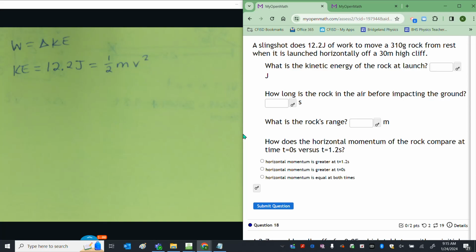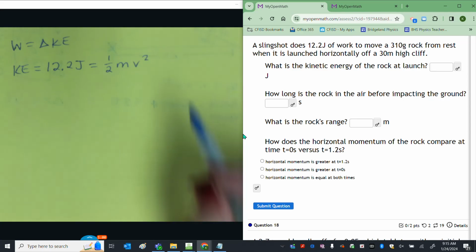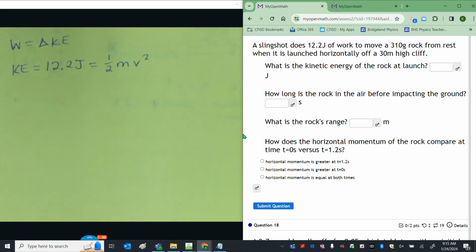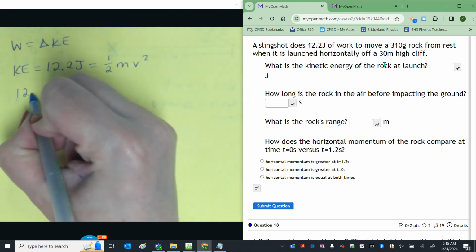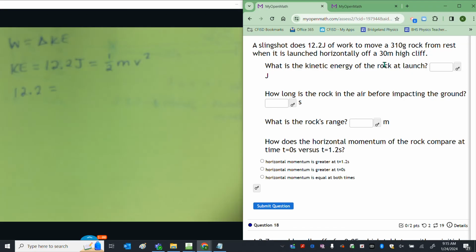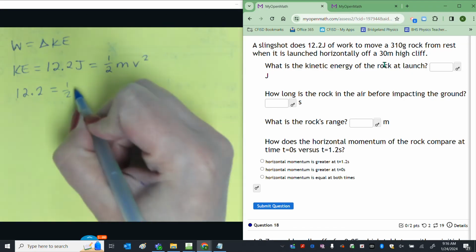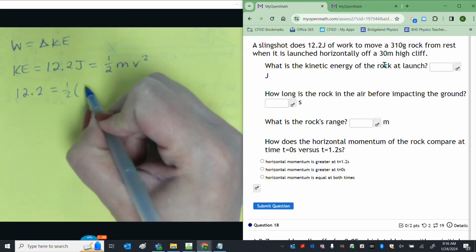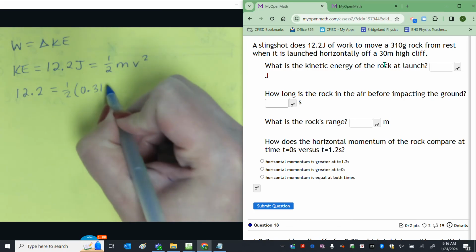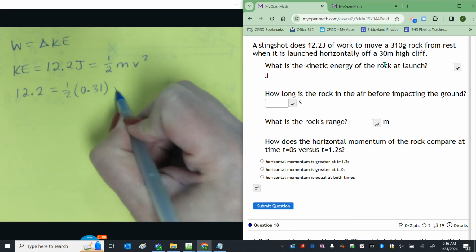Okay, so if I want to do this, again, my masses do need to be in kilograms rather. This is in grams. So I do need to convert 310 to kilograms, which means I need to divide by 1,000. So when I plug it in, I'm going to say 12.2 joules, which is my KE, equals 1/2 times my mass, which instead of being 310 is 0.31, divided by 1,000, times v squared.